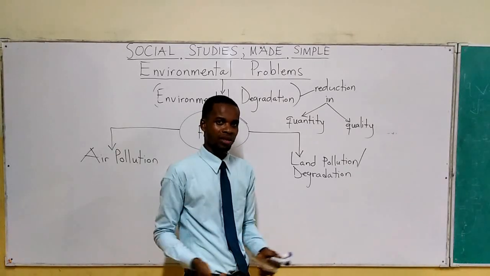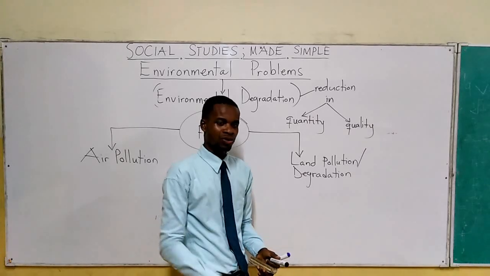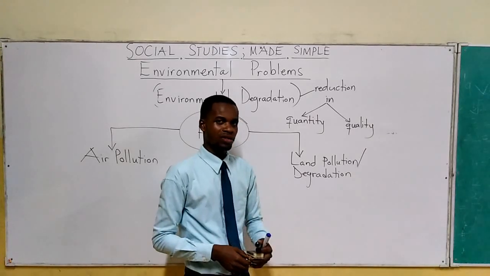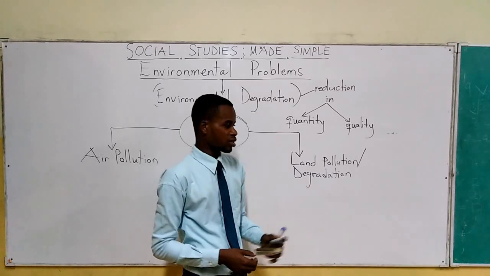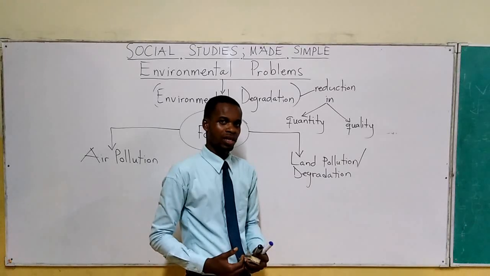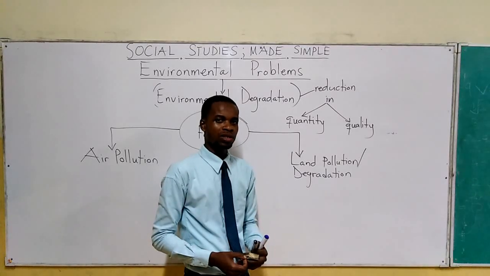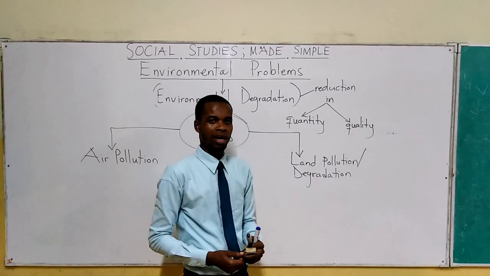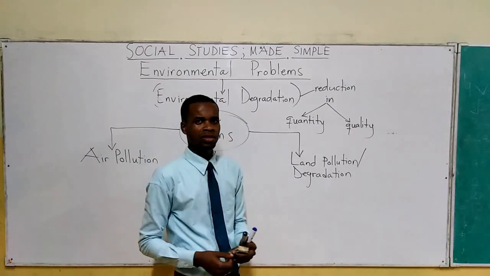If it's a farmland, the land is going to reduce in terms of its fertility, and that is reduction in quality. Talking about the size of the land, that is also going to be reduced, and that will fall under quantity. I hope you get these scenarios.